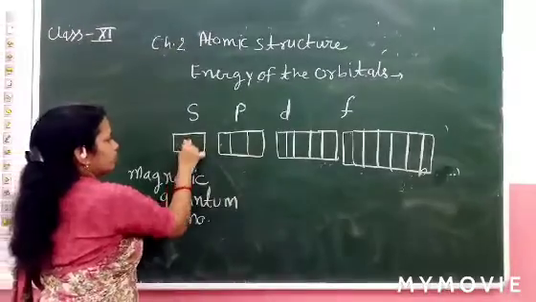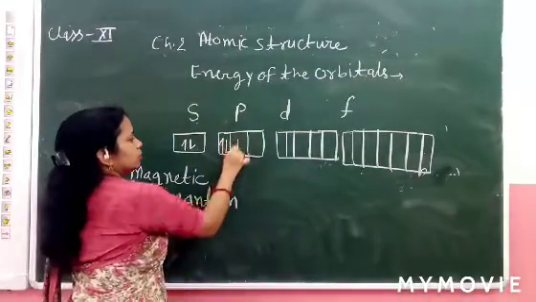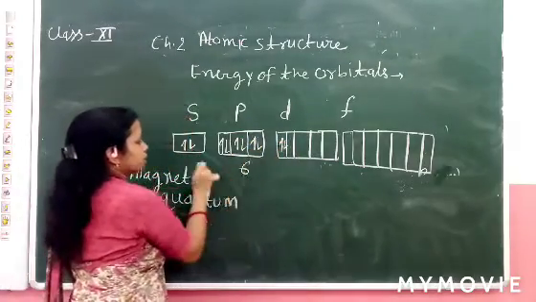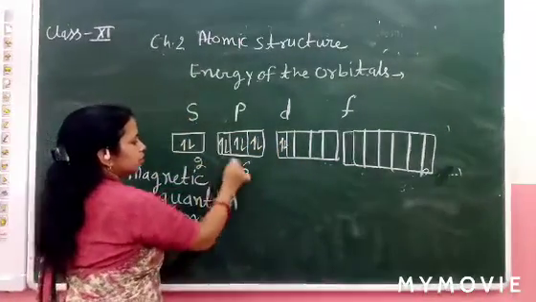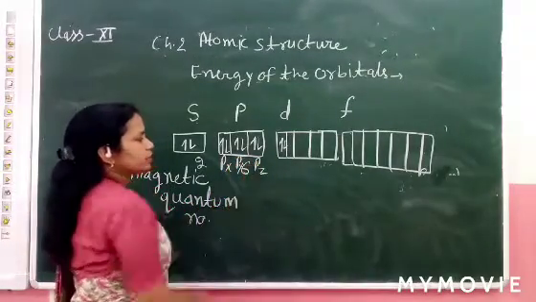S has a maximum capacity of 2 electrons. P has a maximum capacity of 6 electrons, 2 electrons each in Px, Py and Pz.